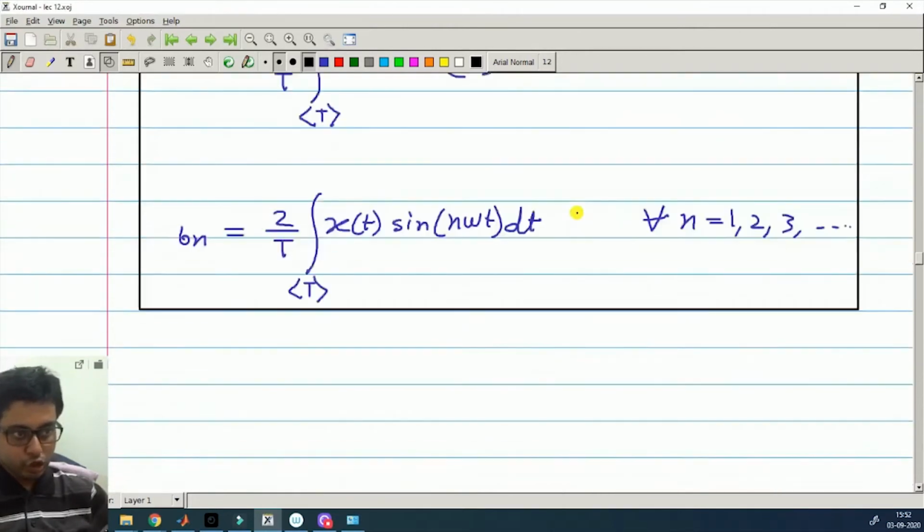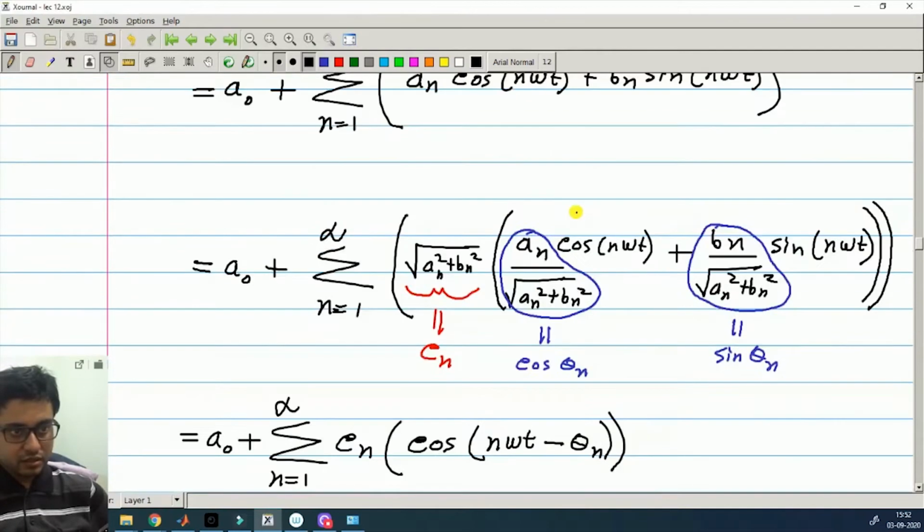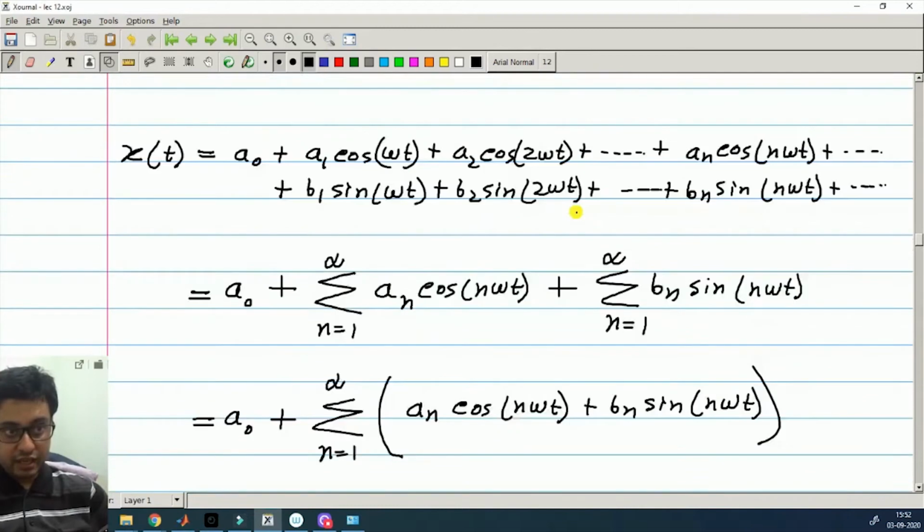Previously, we saw how to write a periodic signal as a sum of real valued sine and cosine signals, and now we are writing the periodic signals as a sum of complex exponential signals.